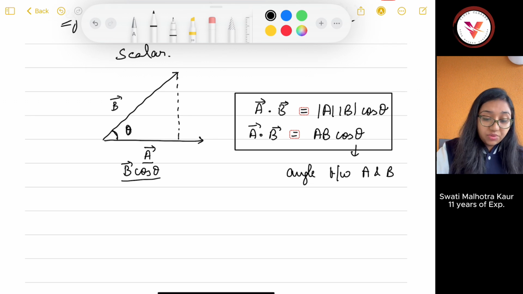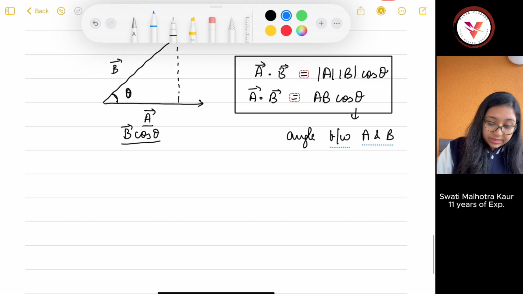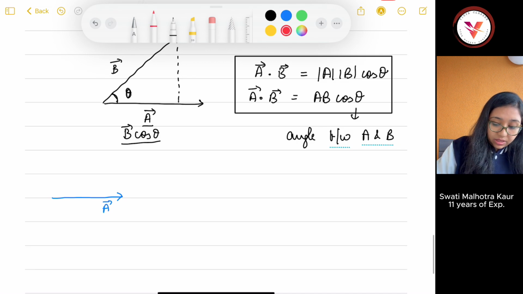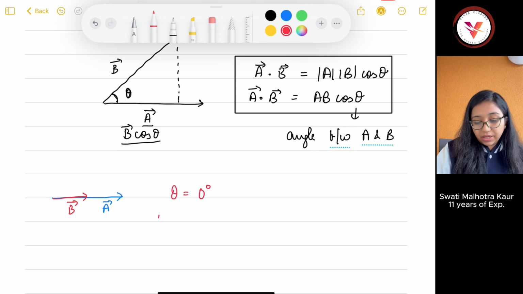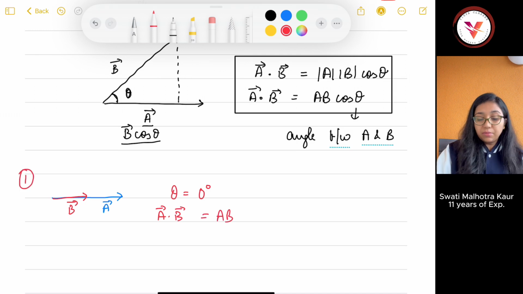Now, it's very easy if you say that A is here and B is here. Both are along the same direction. Okay, that means your theta is 0 degrees. So simply A dot B gives you what? AB, the magnitude of A times B, because cos 0 degrees is 1. So it's simply AB.